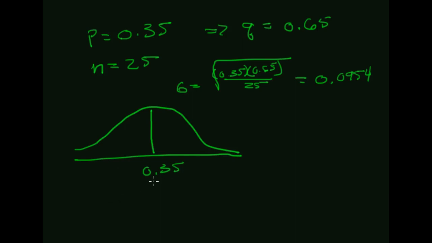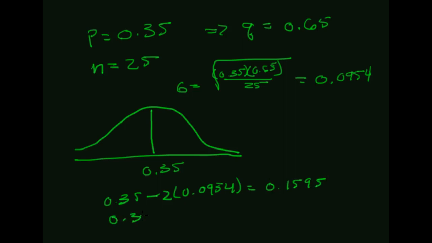So, like trying to find usual values here. We're going to take the usual value, the mean of 0.35, minus 2 times the standard deviation, 0.0954, which gets me 0.1595.